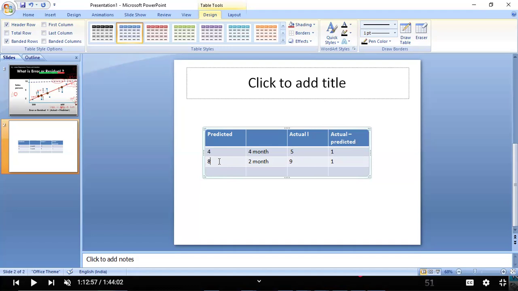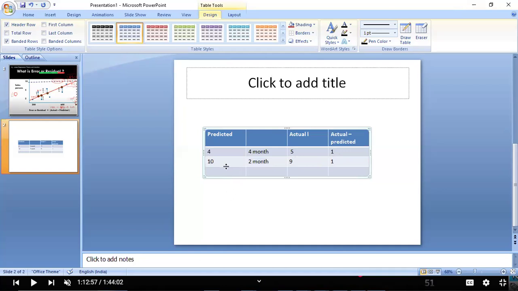Then 9 minus 10 is minus 1. So what do you do to avoid that negative value? So you need to add all the values. If you add plus 1 and minus 1, for example, here I put 9, but here predicted was 10.